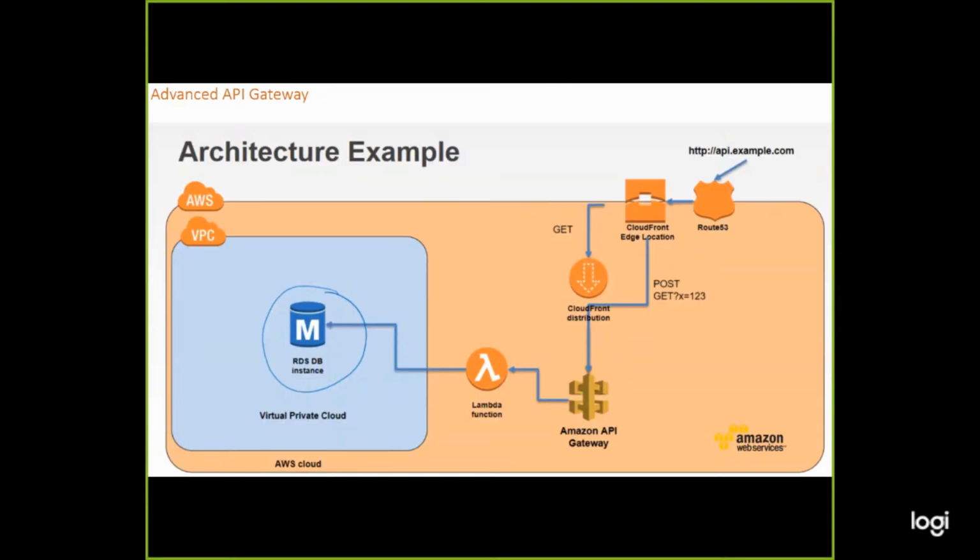Now, this is an example where you would use the Amazon API Gateway to access data, for example, an RDS instance. You want to access that through an application API. So what we can do is have a Lambda function between the API Gateway and the data resources.